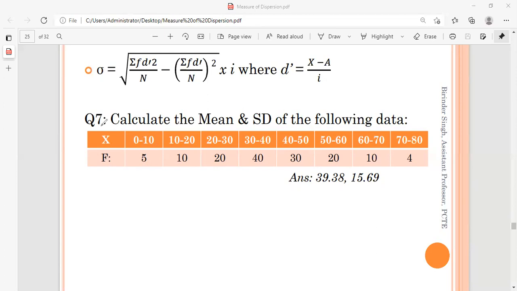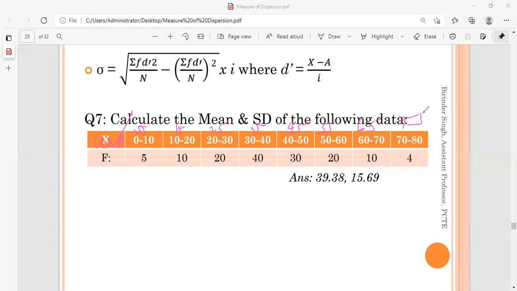In such a case, first you compute the mid value. Mid value, this is not exactly x. Say this is the class, and here you have to compute the mid values: 5, 15, 25, 35, 45, 55, and here I think 65 and 75.